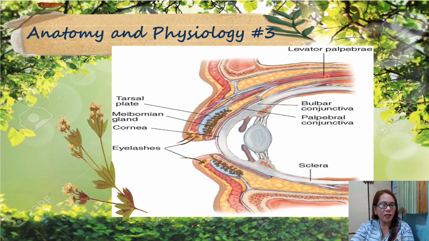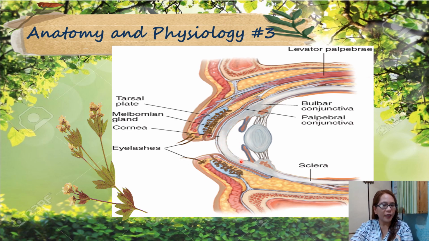It is a muscle that is responsible for raising the upper eyelid, and it is innervated by the sympathetic nervous system, and it also contributes to the lid elevation. Okay, and we have the meibomian glands or the oil gland, which is also responsible for lubricating the eyes.